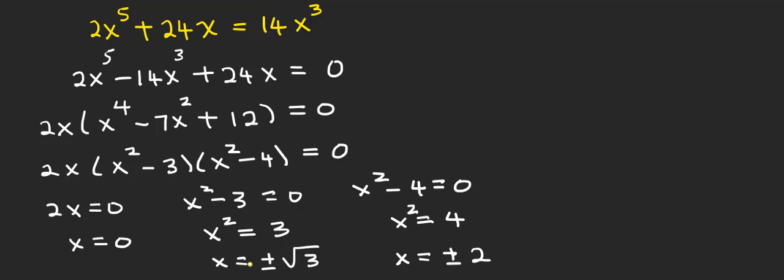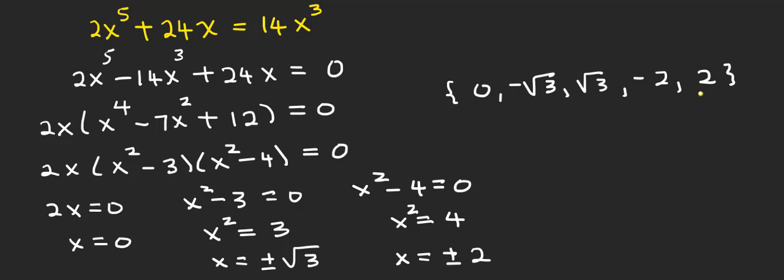So actually you've got 5 solutions here: 0, negative radical 3, positive radical 3, negative 2, and 2. This means when you graph this polynomial, you are going to get 5 x-intercepts. You might want to check it on your own.